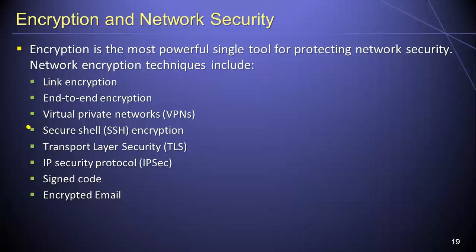Further, system administrators and other advanced users might rely upon secure shell, or SSH, encryption to provide an encrypted and authenticated path between a remote host and the system shell, or operating system command interpreter.